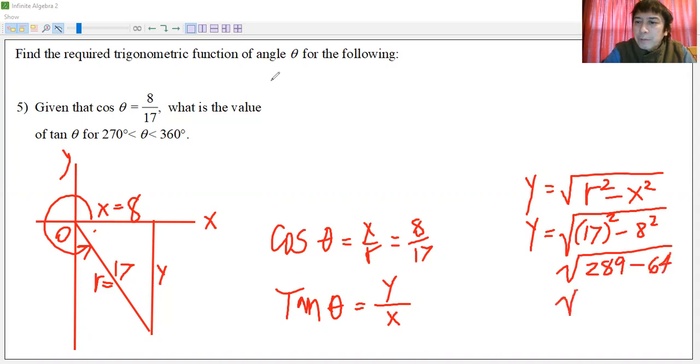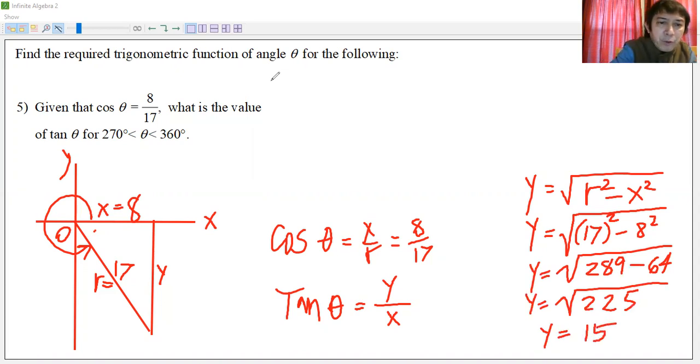The square root of 225 is 15. So our y is 15, and we have the required side.